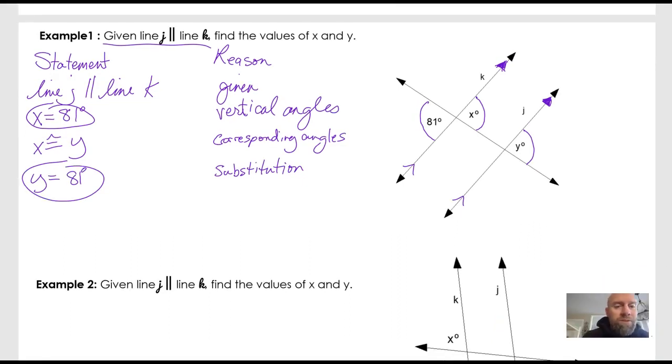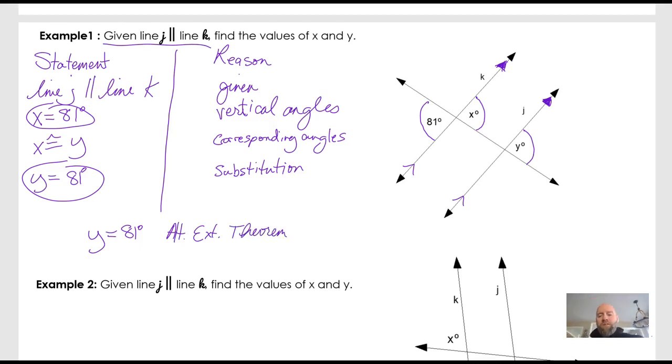All right, so geometry students, this is actually a 2-column proof. You've got 2 columns here. For alternate exterior angles, you can say that Y is equal to 81 degrees because of the alternate exterior angles theorem, which is in your notes from today.